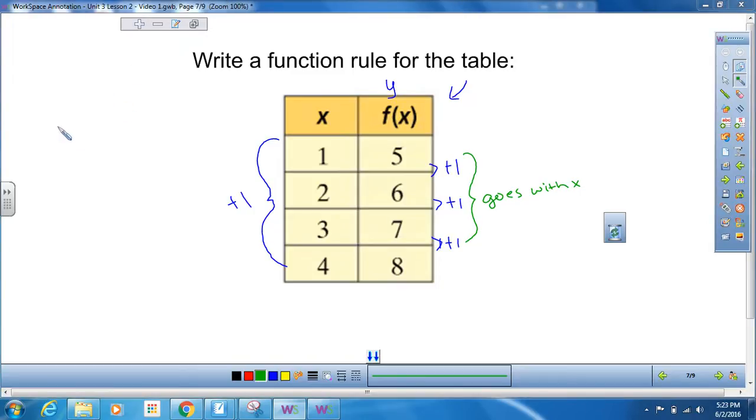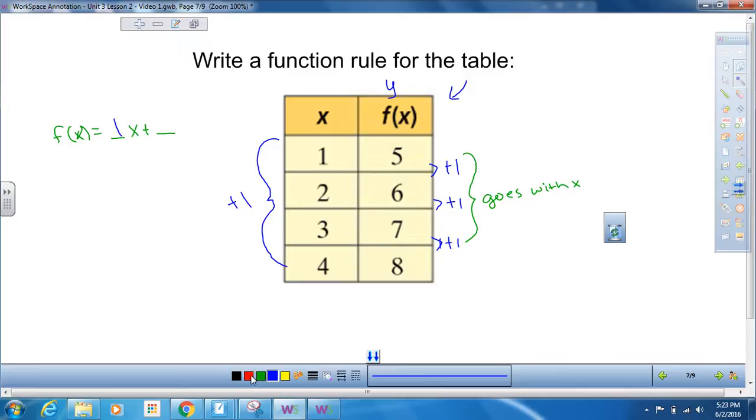Because what I'm going to have is f of x equals something times x plus something. Alright, so what we add or subtract to y, that's the part that goes with x. So 1x.